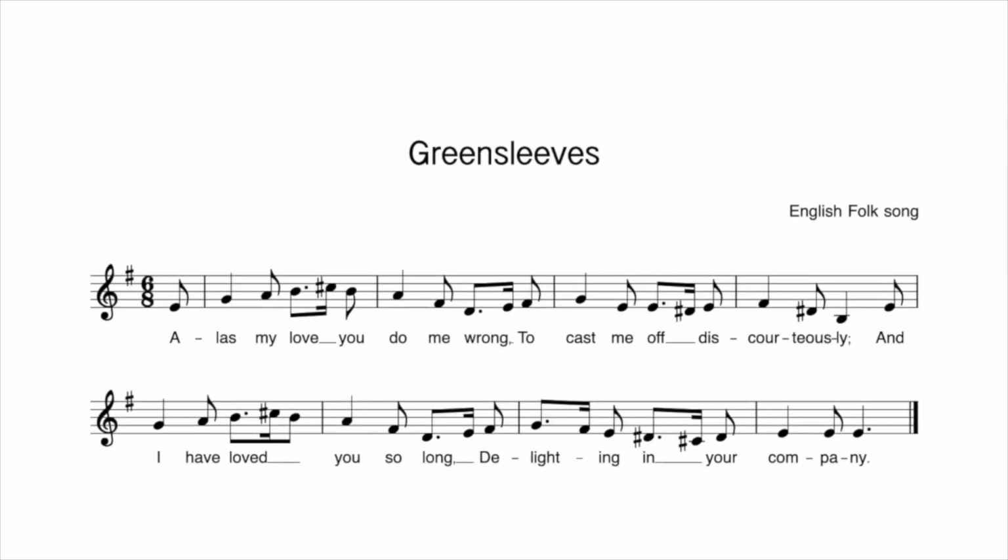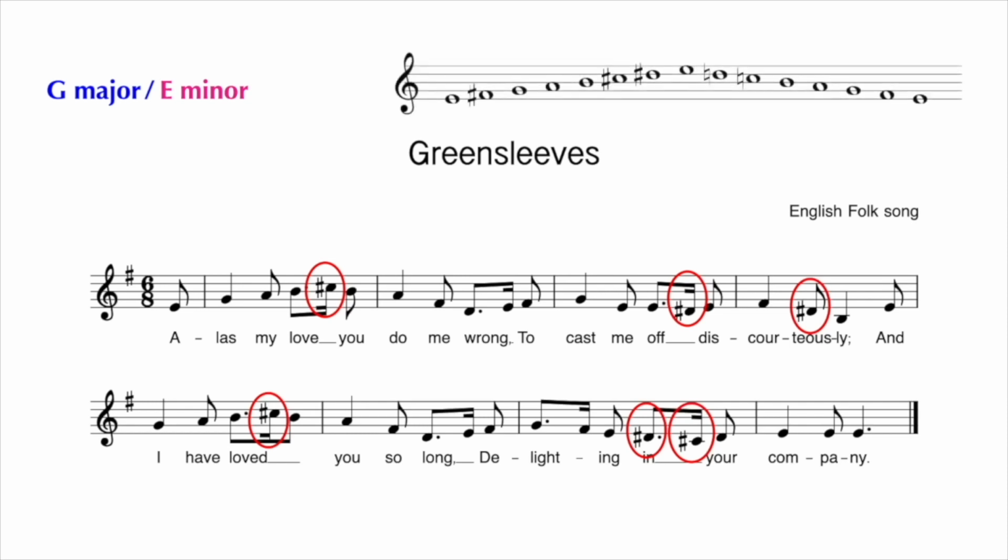Let's look at Greensleeves. This is either G major or E minor. There are C sharps and D sharps throughout the piece, and this probably indicates the scale of E melodic minor. The first phrase can be from "Alas" to "wrong", and it ends with E, which is the tonic of E minor.